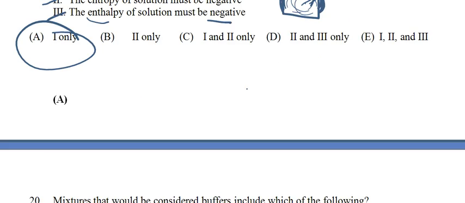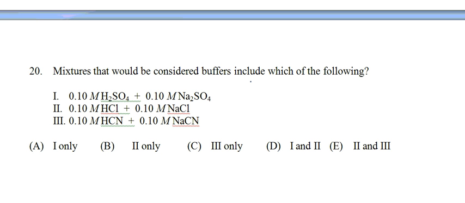All right, number 20. Mixtures that would be considered buffers include which of the following? Now let's make sure that we know what a buffer is. A buffer is a solution that is capable of resisting change to pH. Now, when we add a strong acid or a strong base to a buffer, a good buffer will be able to handle it as long as our concentrations are high enough to handle that.